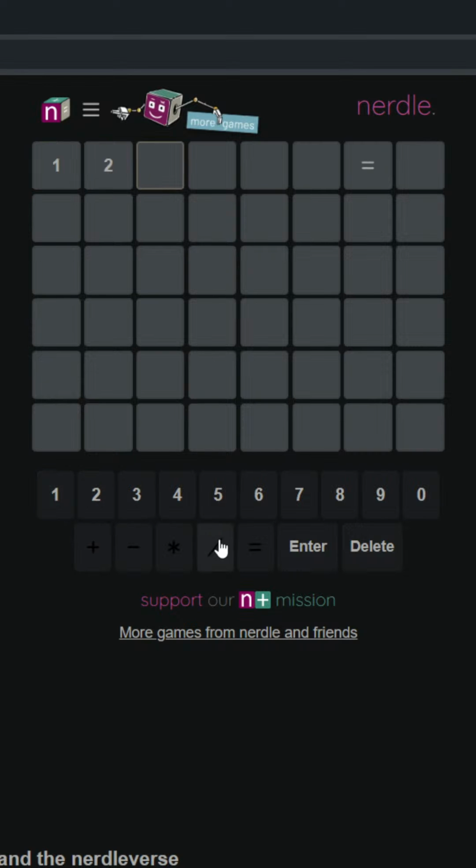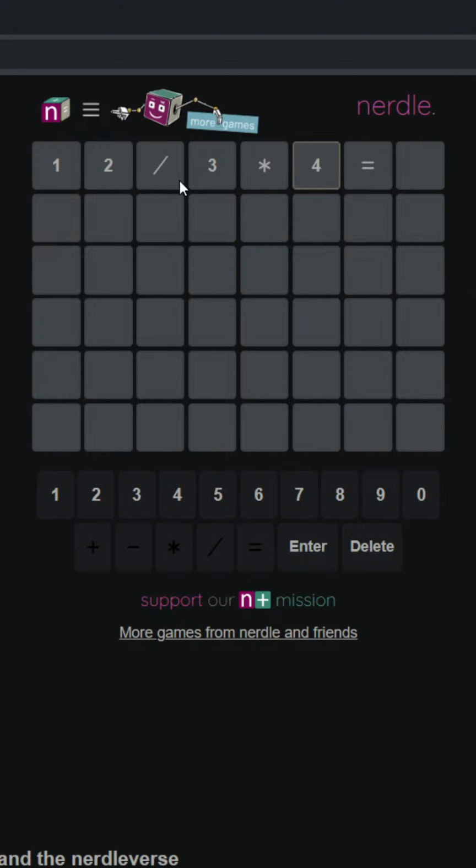Let's do like 1, 2. Okay, no, let's start with a bigger number so then we can reduce it. Or we can do like 12 times 3, that's going to be 36. And there's not much we can do there. Unless we do like 12 divided by 3 times 4 is equal to 1, but then we're repeating digits, and we don't really want to do that. We don't want to repeat digits.